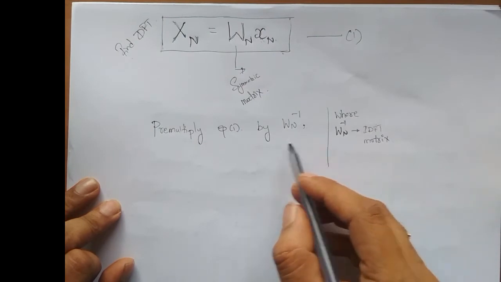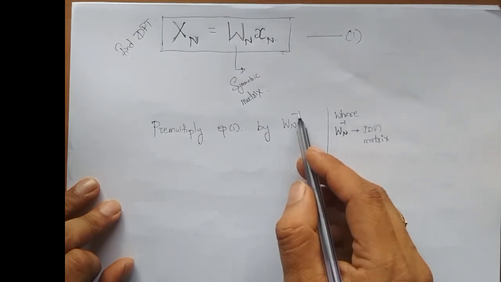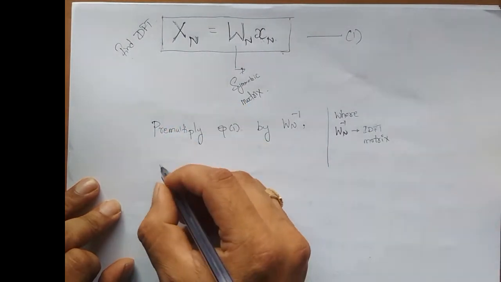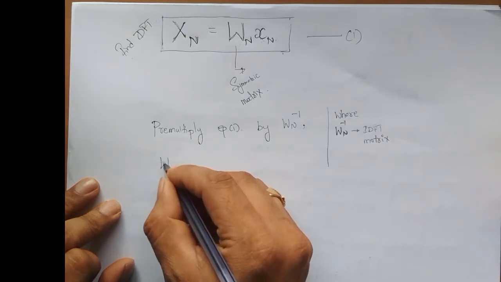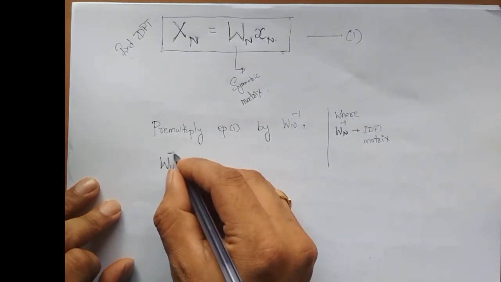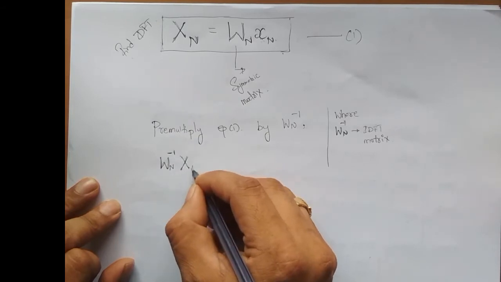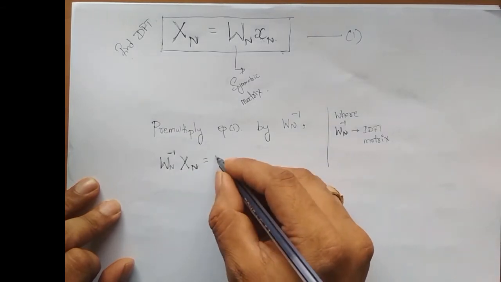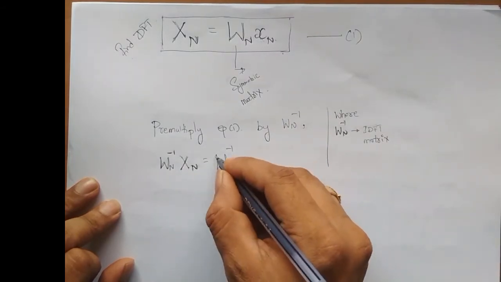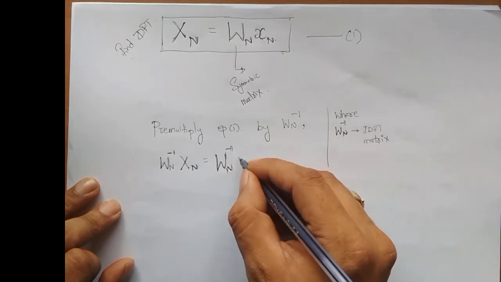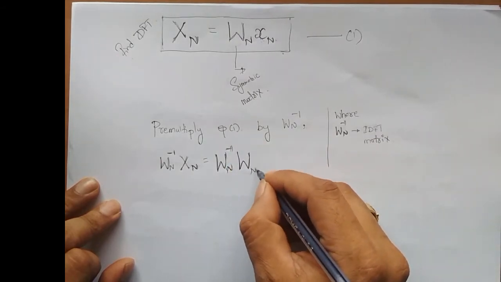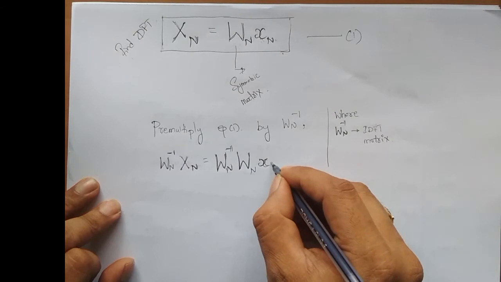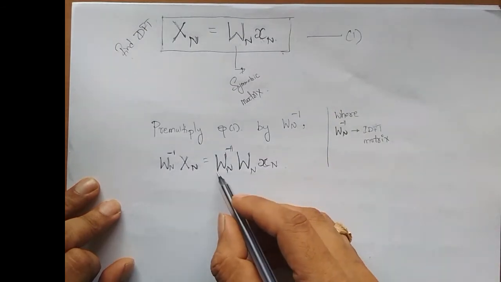So when we pre-multiply Wn power minus 1 in this equation, what do we get? Wn power minus 1 into capital Xn is equal to Wn power minus 1 into Wn into xn. What happens? These two cancel out.